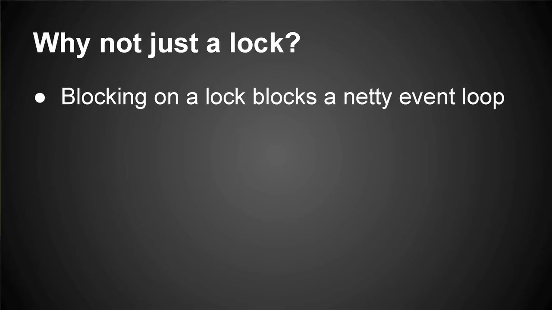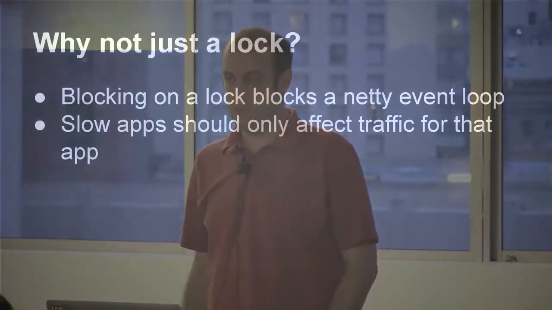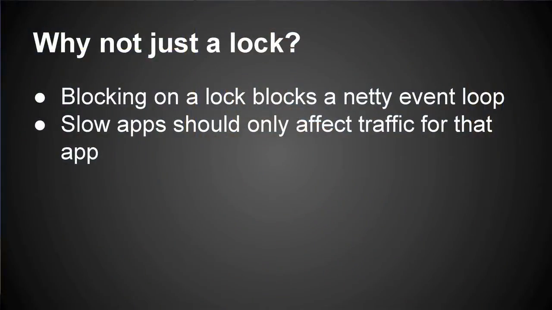Blocking on that lock blocks the underlying Netty event loop. Which previously was kind of okay because all of the traffic was going to the same application. If that application was slow, you'd expect all the traffic for that application to be slow. But now we have multiple applications. We said part of running a multi-tenant service is to keep applications from interfering with each other.